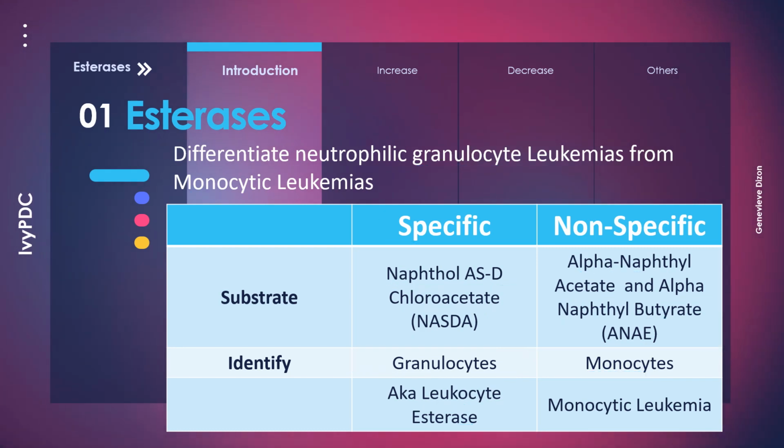Between the alpha-naphthyl acetate and alpha-naphthyl butyrate, it is the butyrate that is less sensitive but is more specific for monocytes.